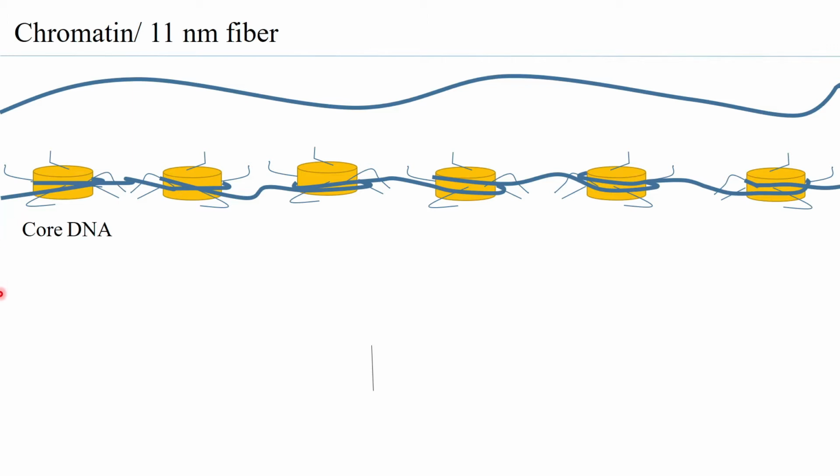But the basic interaction between the nucleosome and the DNA is due to the positive charge that is present on the nucleosome, because the nucleosome is made up of histones.